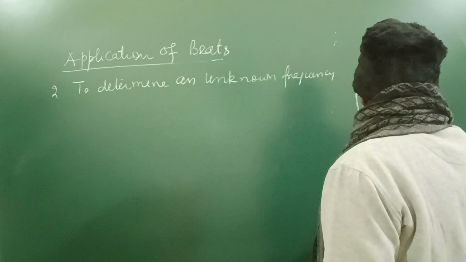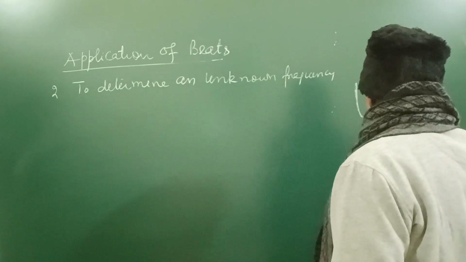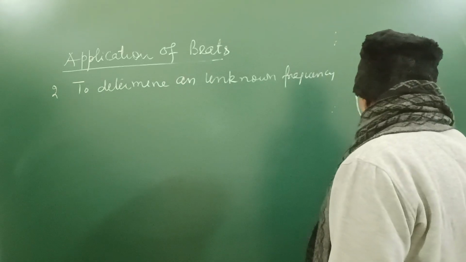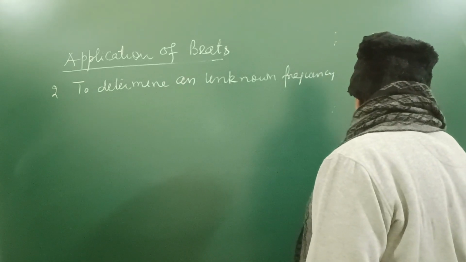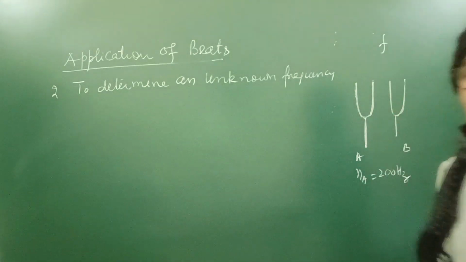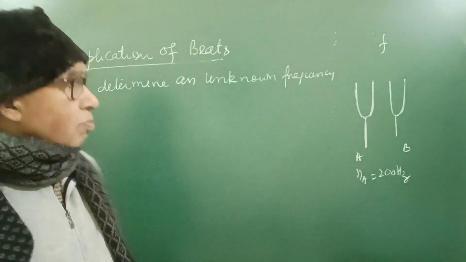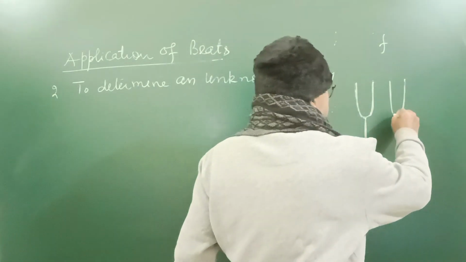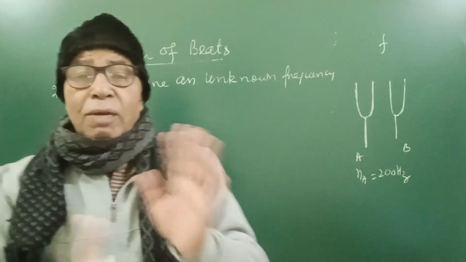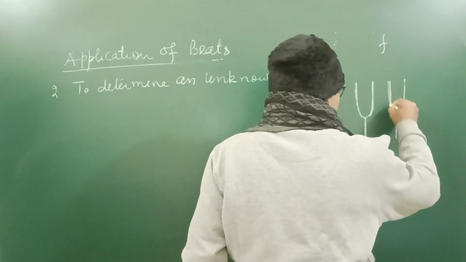So if we have two tuning forks of nearly the same size, A and B, and the frequency of A is known to us, suppose NA is equal to 200 hertz, it makes 200 vibrations per second. The frequency of B is not known, but they should be very close in shape and size, with the same mass, length and material.